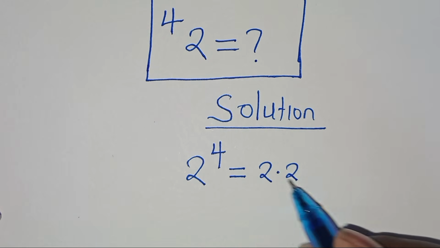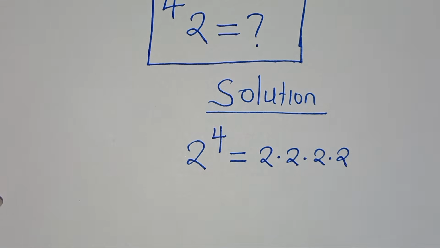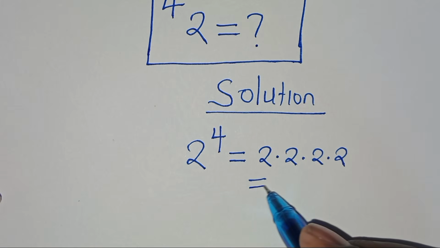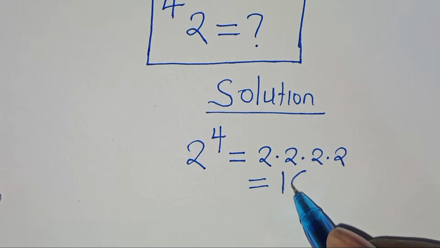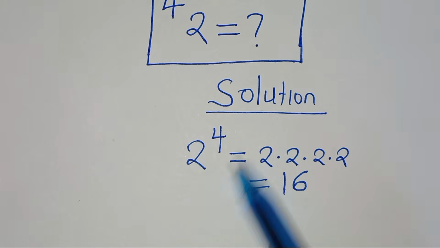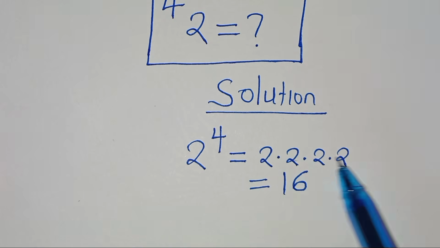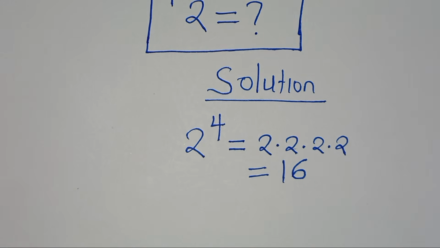So we have 2 times 2 times 2 times 2. This means that this is the same thing as 16. Now, this is an exponent math problem that is obtained as a result of repetition of multiplication.